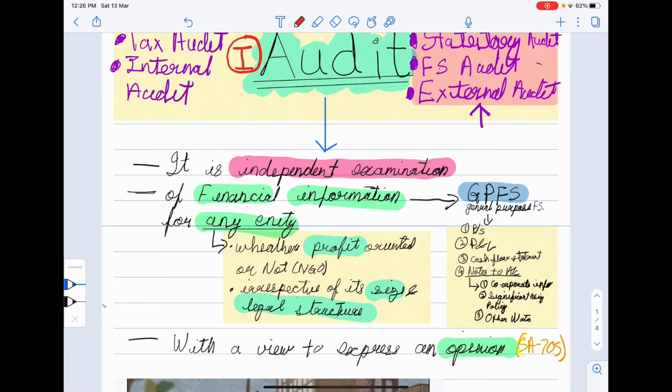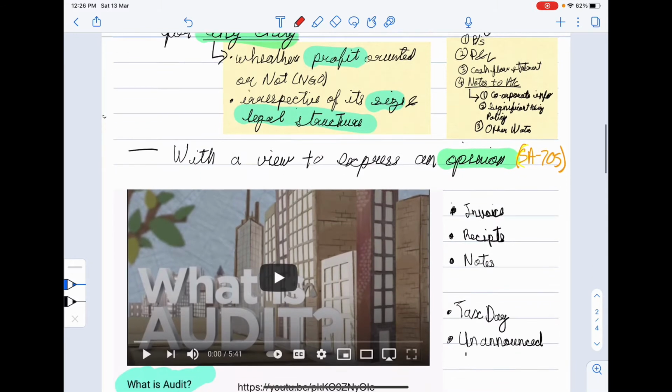Similar to a teacher independently examining our papers, here instead of papers it is financial information. Papers are for students, financial information is of an entity. The teacher gives marks, we give an opinion. Okay, so let's move ahead.